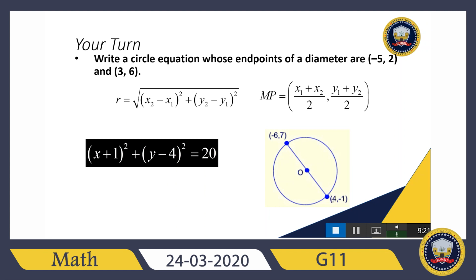So again, we use the distance formula, which is r equals the radical of (x2 − x1)² + (y2 − y1)². So you take two points, you find the distance, which in this case is the radius. Plugging the numbers, you will get the radius, which is radical 20. So in this case, r squared is 20.